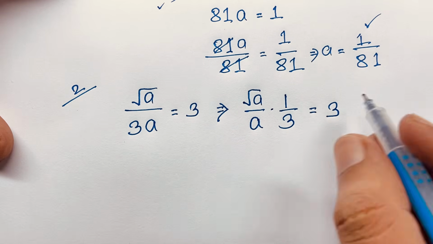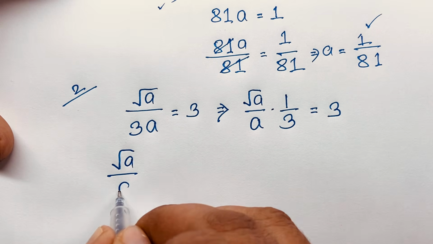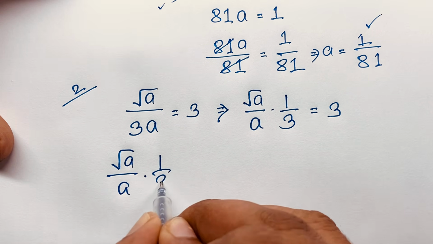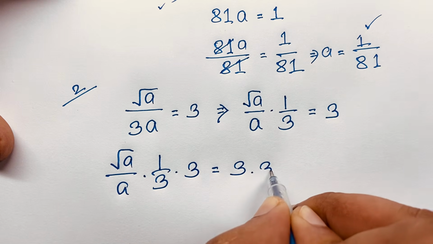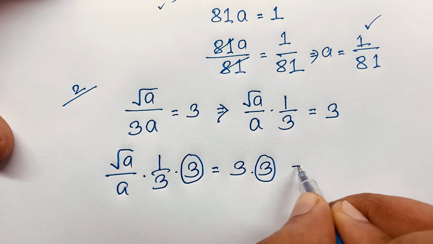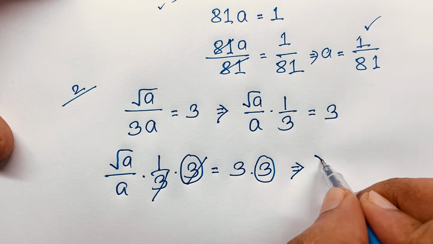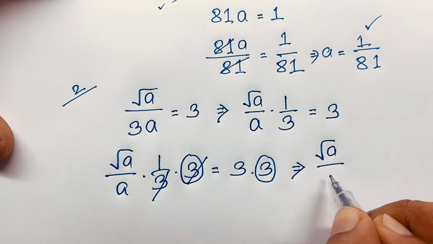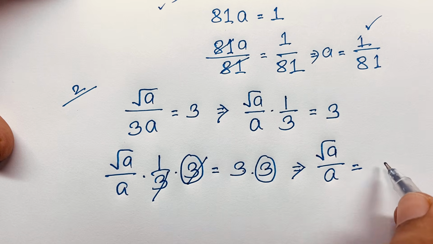Now I multiply both sides by 3, so square root a over a, 1 over 3 times 3 is equal to 3 times 3. Then this 3 cancels, we find square root a over a is equal to 3 times 3, which is 9.